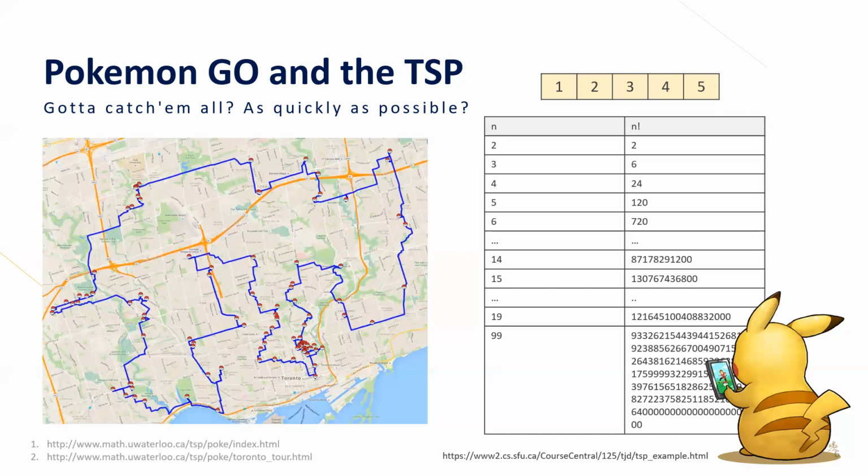And then they want to know the optimal way to visit all those Pokestops within a day. I think it's quite funny, but it became legit research. If we think about it again, that research is really TSP with some modification, of course.